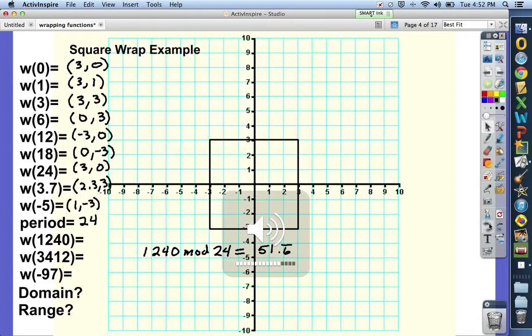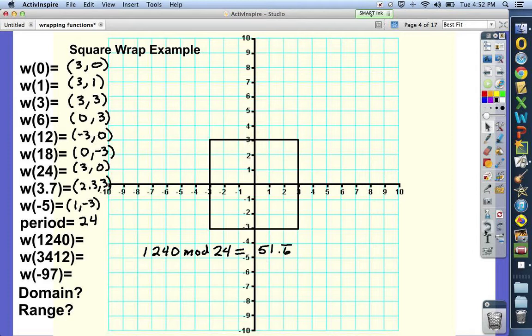Okay, so 51.6 repeating means that you would have to go around this object 51 times, but then there's 0.6 repeating left over. That means 0.6 repeating out of 24, because 24 in this case is the whole unit.